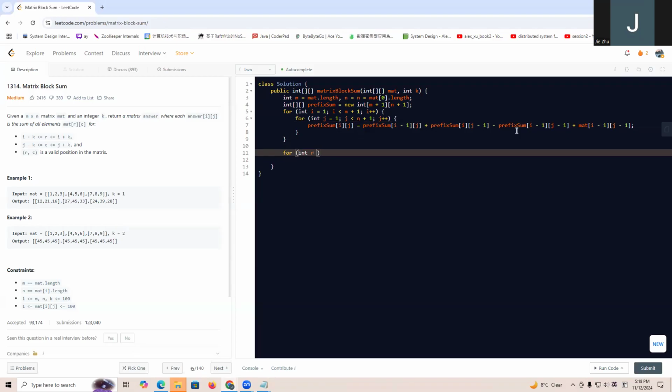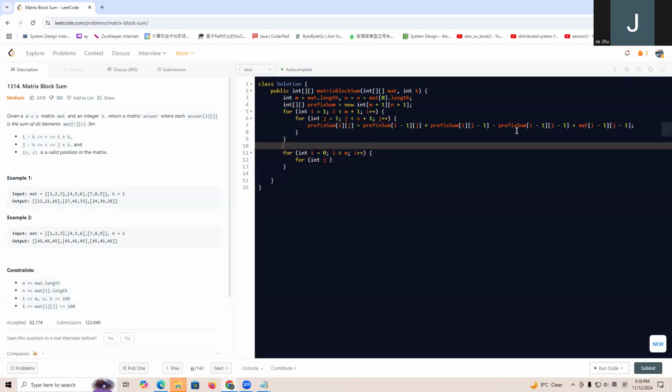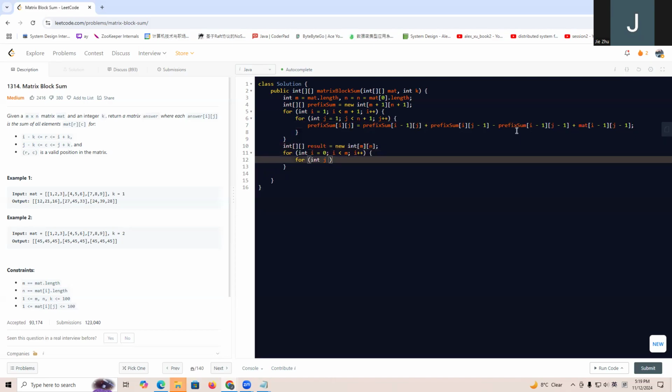Let's use i equals 0, i smaller than m, i plus plus, and we need an int result equals new int m by n. For j equals 0, j smaller than n, j plus plus.